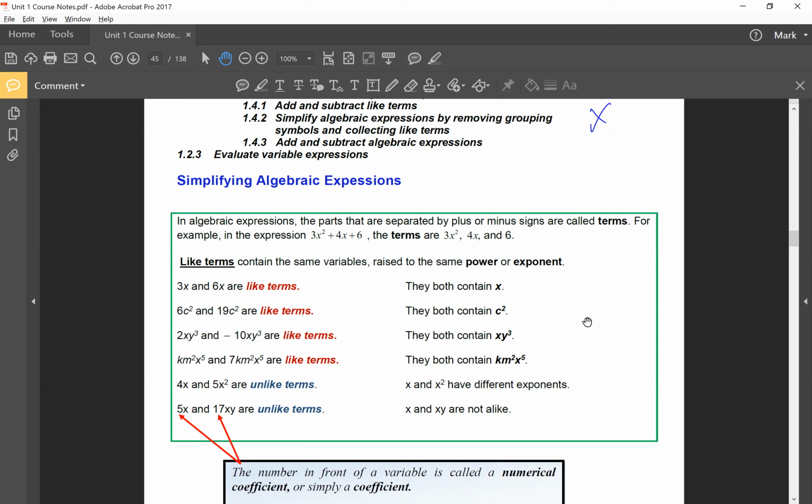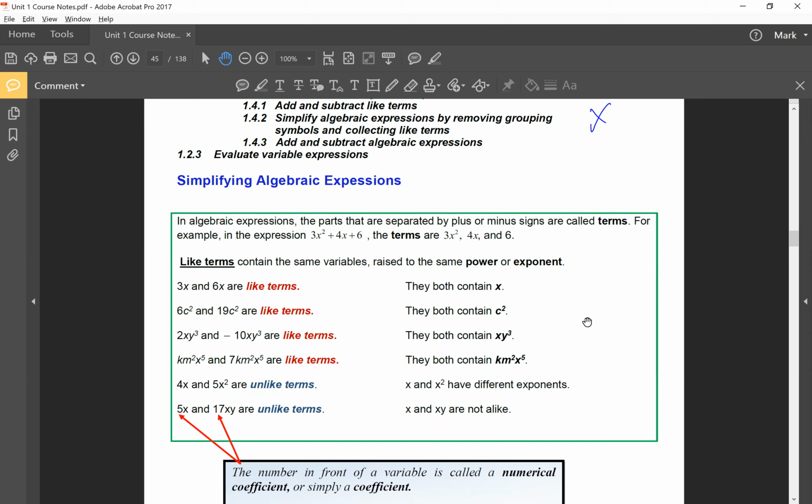There's something really important about algebraic expressions, and it's the concept of like terms and unlike terms. There's a few things I need to unravel here. First of all, what is a term? A term is anything in an algebraic expression.